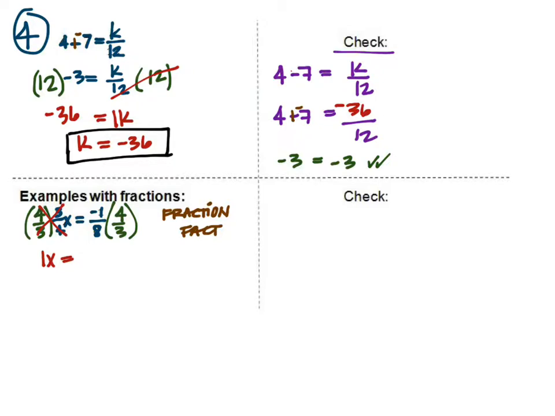Or perhaps I can notice that I have some cross-canceling I can do with the 4 and the 8. So let's notice that first. There's 1 4 in 4 and 2 4s in 8. So when I multiply straight across now, I get -1 times 1 and 2 times 3, giving myself -1/6. So I can go ahead and write this as x equals -1/6, dropping the 1 in front of the x.